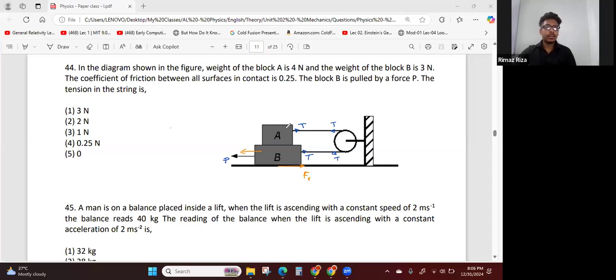Therefore, the block A is being pulled to this side. So if it tends to move to this side, the friction acting on A will be in this direction, let's say F2. So therefore, an equal and opposite reaction force will be there, F2.